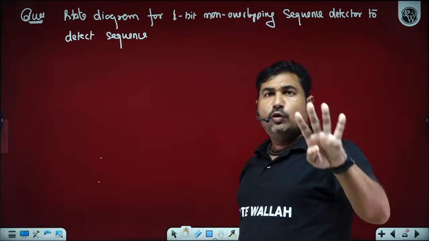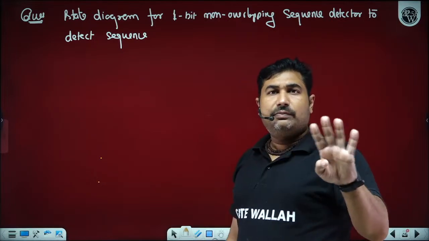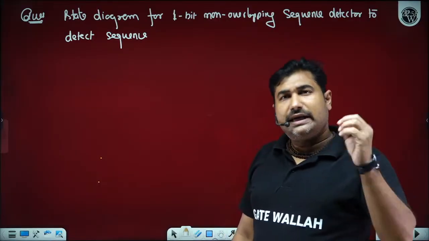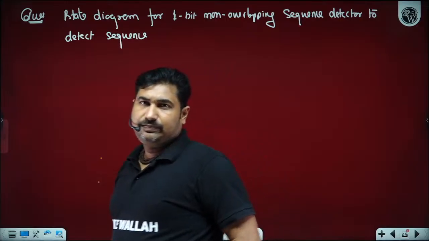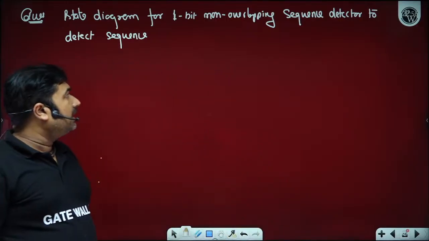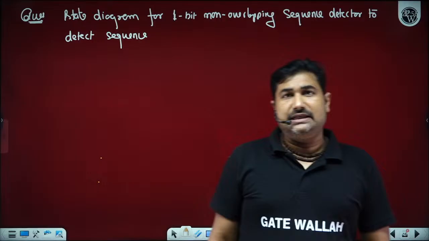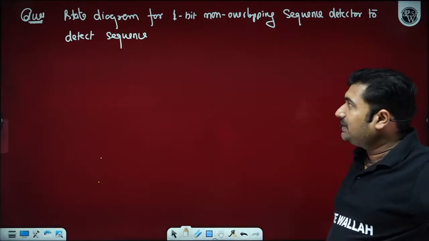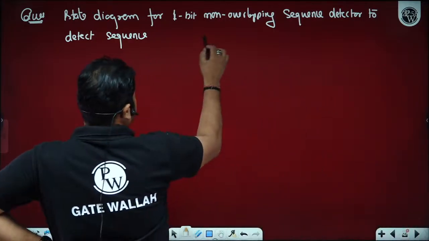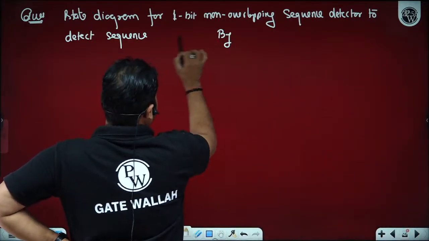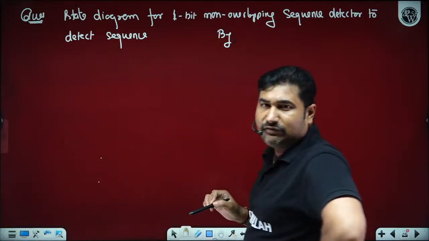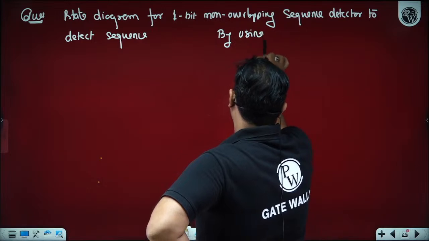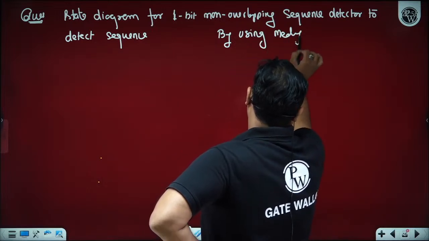Tell me any four-bit combination: 1001, 0110, 1110, anything. Whatever you want, please tell me. So we want to design a 1-bit non-overlapping sequence detector to detect a sequence, any desired 4-bit, by using the Mealy model.